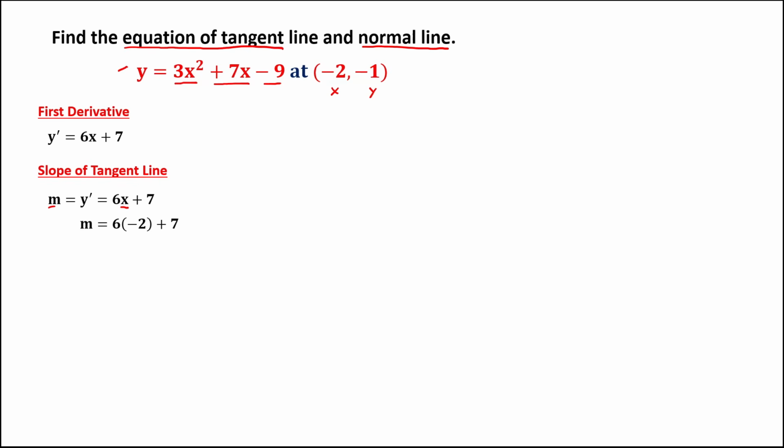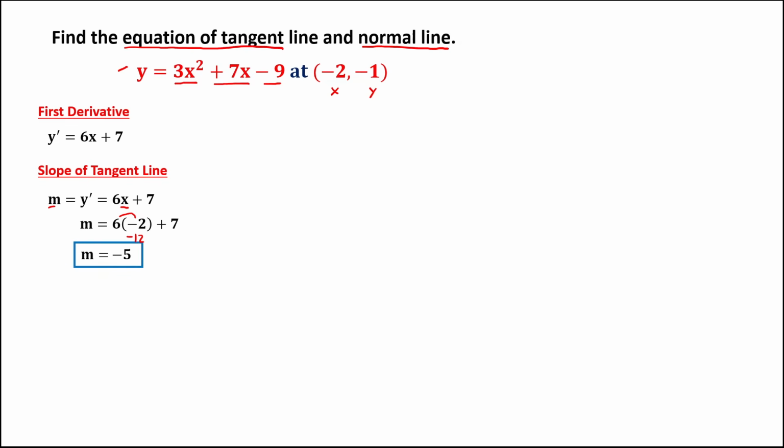To simplify, 6 times negative 2 is negative 12, and negative 12 plus 7 is negative 5. So the slope of the tangent line is equal to negative 5.